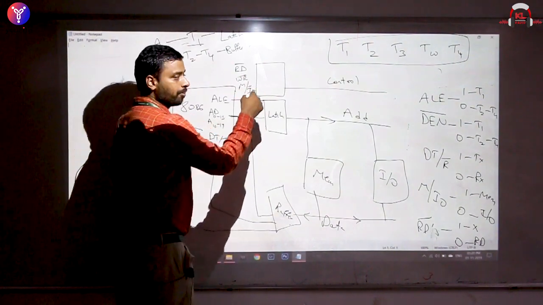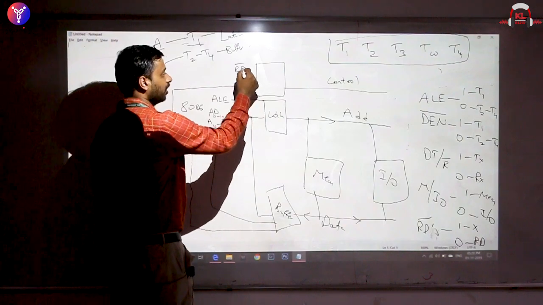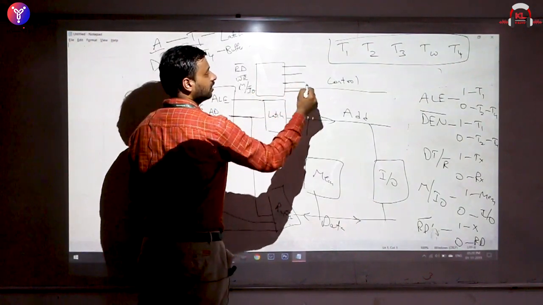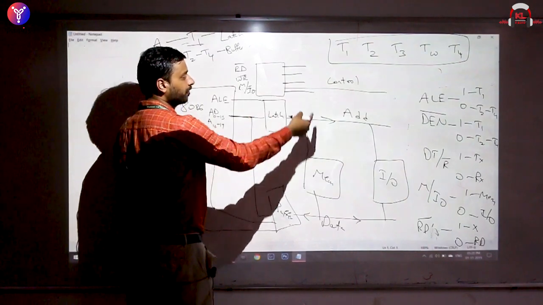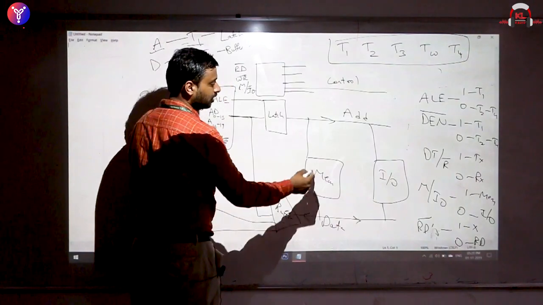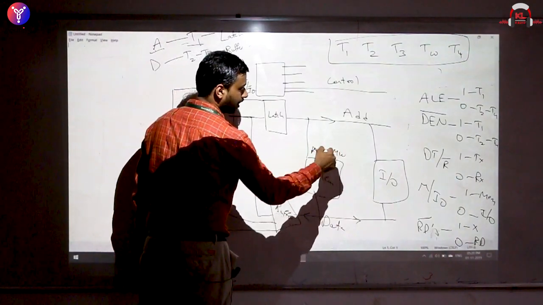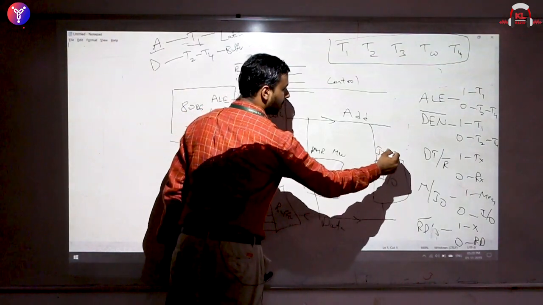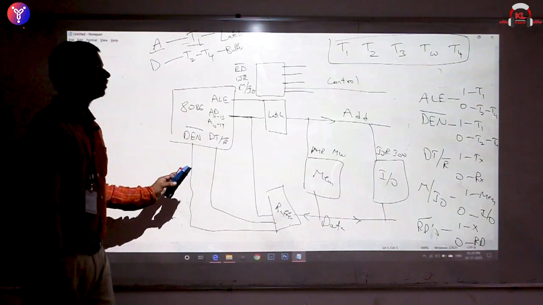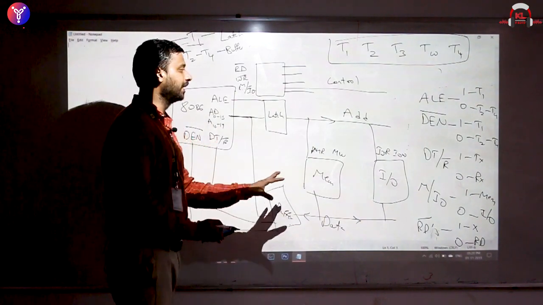These three in combination will generate the signals memory read, memory write, IO read and IO write. These are the 4 control signals that come out of 8086 and are connected to these devices. MR and MW are connected here. IOR and IOW are connected here. That is how you generate the configuration diagram of 8086.